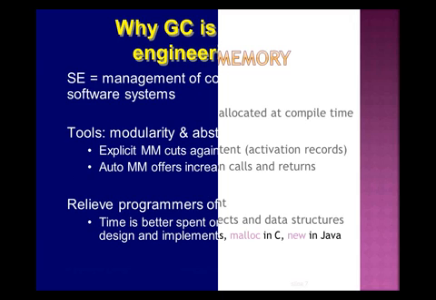Next, why GC? Garbage collection is a software engineering issue. We studied that it is about the management of complexity in large scale systems. What are the tools available? Modularity and abstraction. Then relieve the programmers of bookkeeping details.